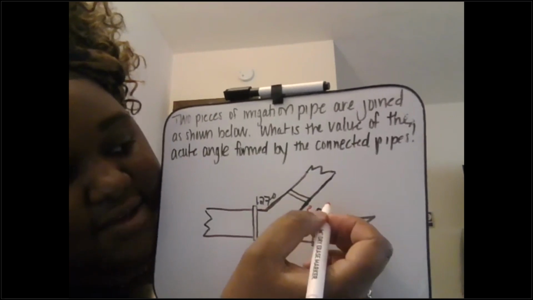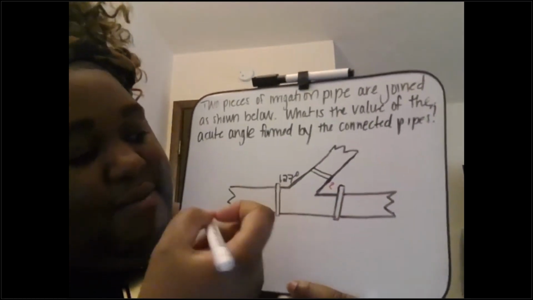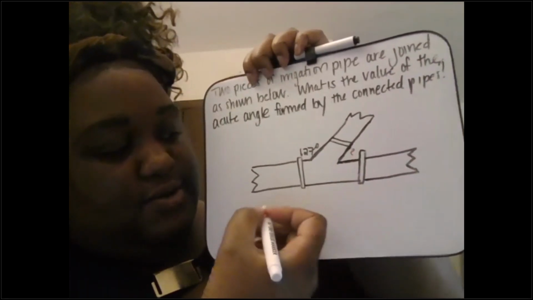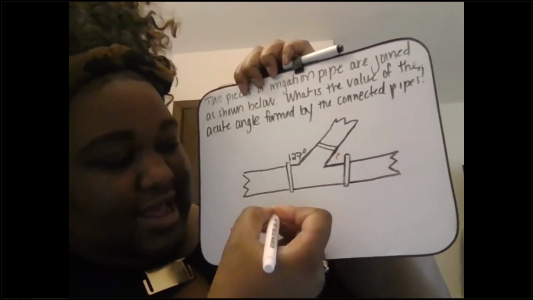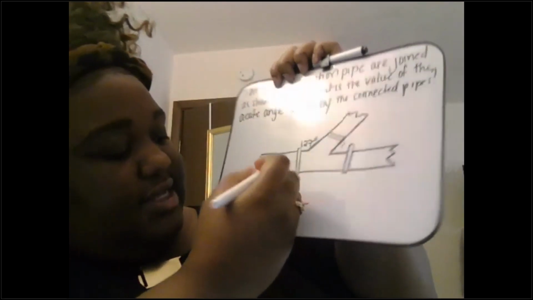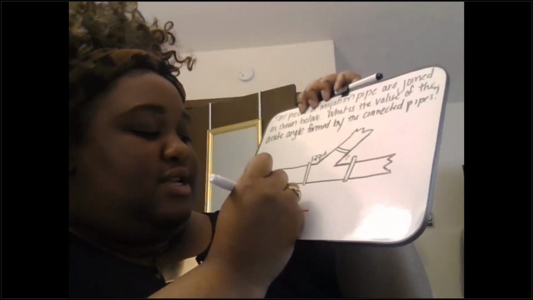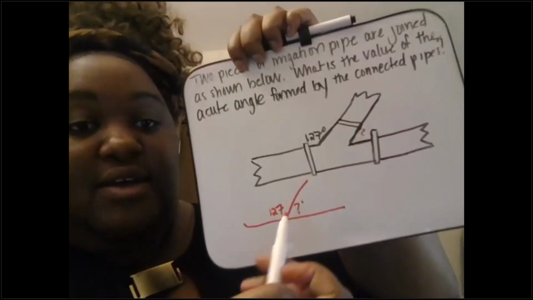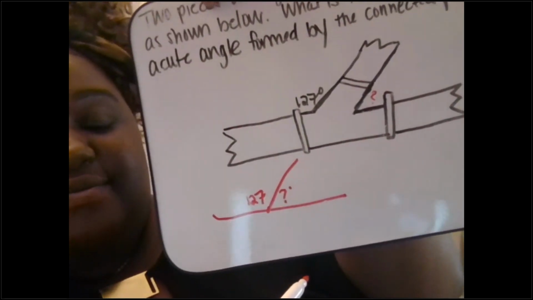That's my acute angle. I'm going to redraw this like the problems we've been doing. I have a straight line and a line going there, this one is 127, and they want to know what that acute angle inside is.